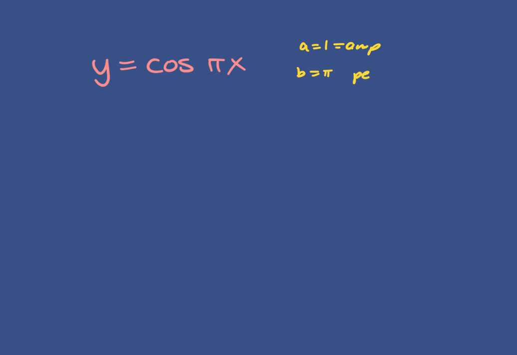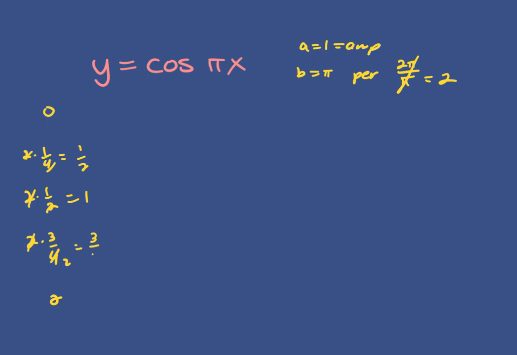So the period should be 2 pi over pi, and that's why they're gone. It's just 2. First one is 0, then 2 times 1/4, 2 times 1/2, 2 times 3/4, and the last one is 2. So this is 1/2, 1, 3/2, and 2.